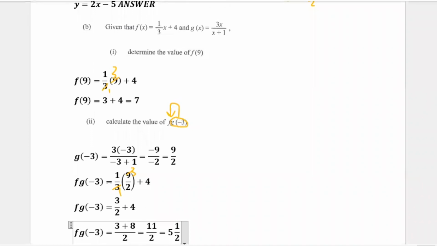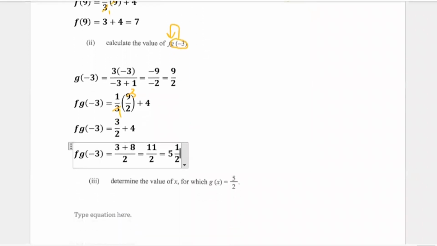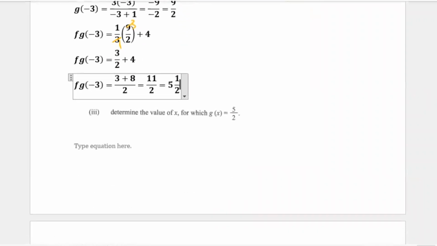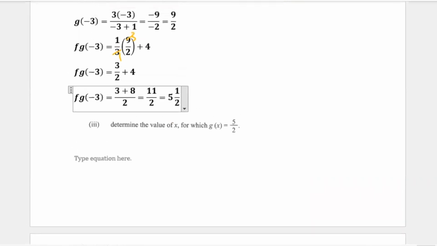So that is it for that function, just advanced substitution. Part 3, yes, CJ? So, sir, it would be easier if you put the formula in the bracket instead of worked out first and get 9 over 2.